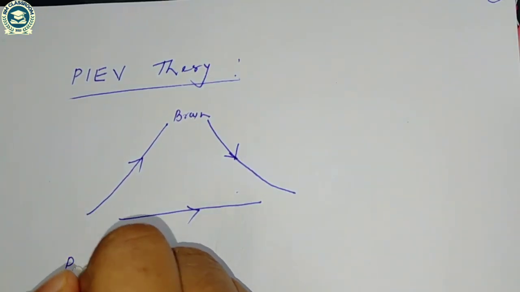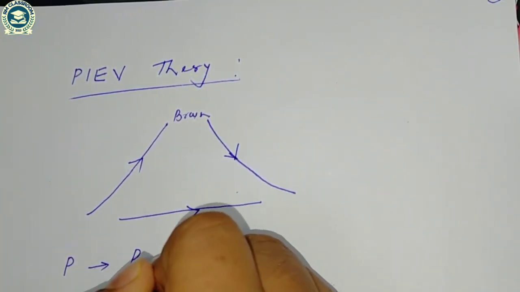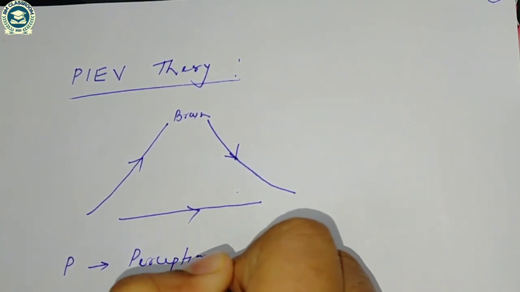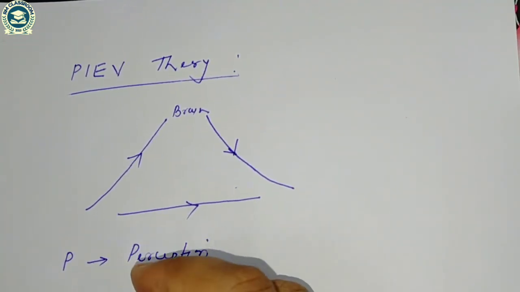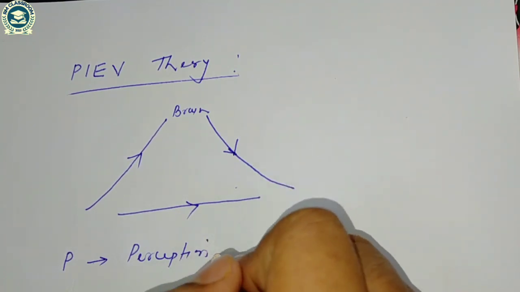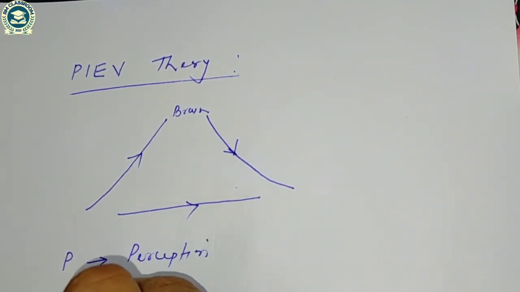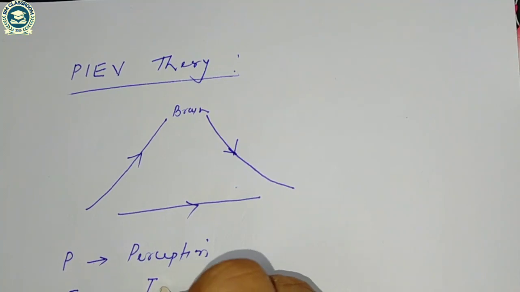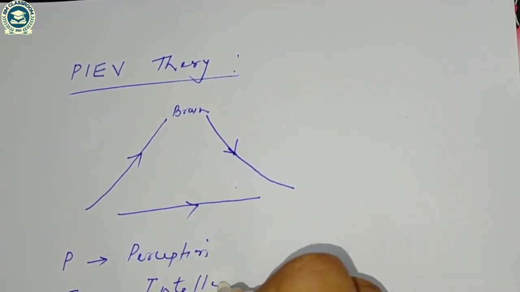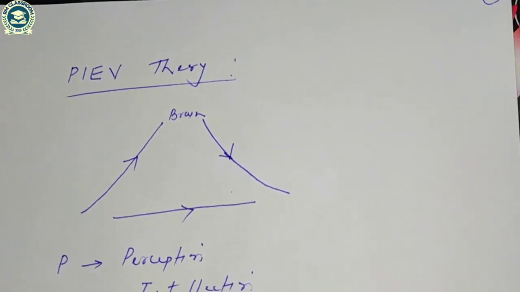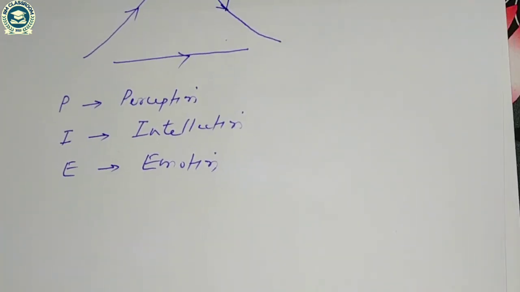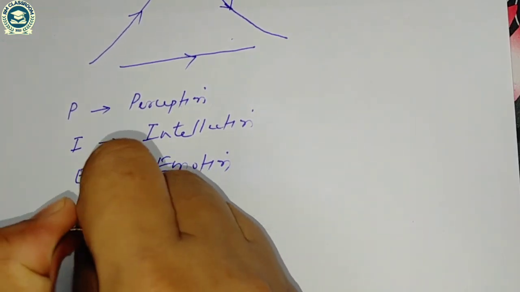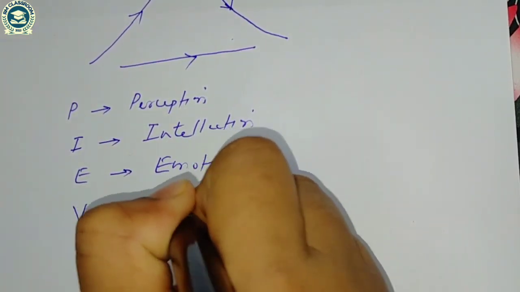In PIV, P means perception, I for intellection, E for emotion, and V for volition.